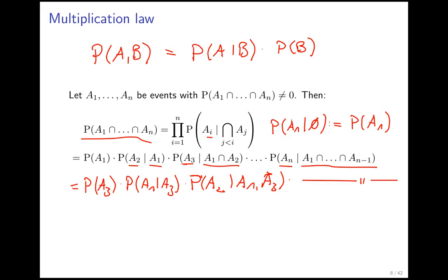So what did I do? I just interchanged the order of A1, A2, and A3. So when I only had these three events left, I didn't pull out A3 first, but I pulled out A2 and conditioned on the other two, and so on and so forth.